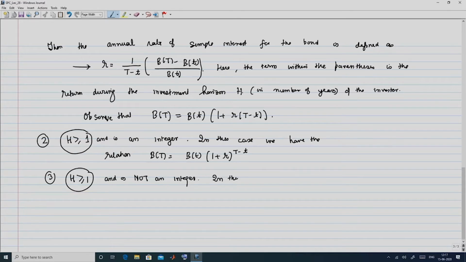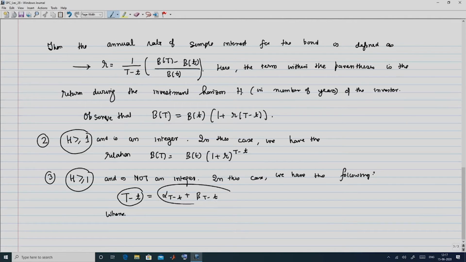in this case we have the following, that capital T minus small t will be some alpha into capital T minus small t plus beta into capital T minus small t, where capital T minus small t is getting decomposed into two terms, the first term of alpha capital T minus small t and beta capital T minus small t.